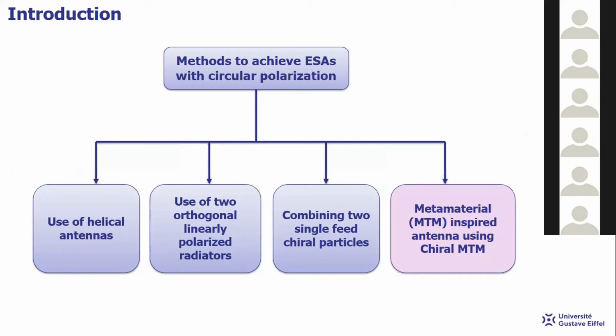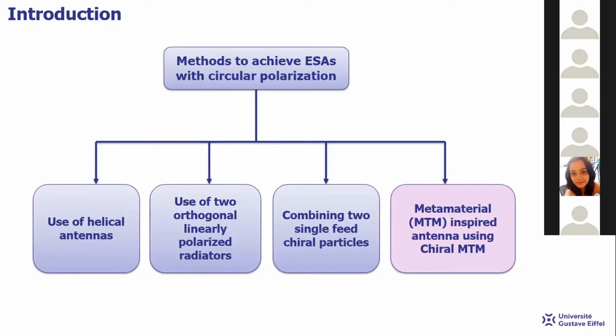The second one is based on the use of a ring antenna. The third is based on the use of 2 orthogonal linearly polarized radiators in phase quadrature, with 90 degrees. The other method is based on combining 2 single-feed chiral particles to achieve a CP antenna. The main issue with this method is that it is based on an empirical approach and the matching to 50 ohm is not a straightforward task. On the other hand, we have another method which is based on the use of chiral metamaterial to achieve an ECP antenna. And in this contribution, we adopt this method.